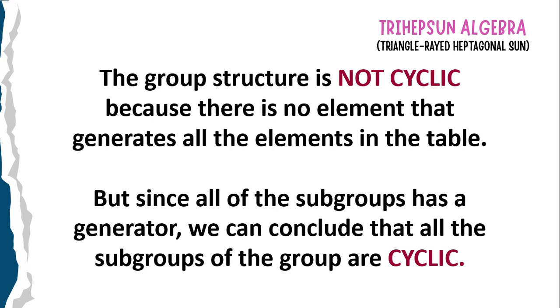Therefore, we can say that the group structure is not cyclic because there is no element that generates all the elements in the table. But since all the subgroups have a generator, we can conclude that all the subgroups of the group are cyclic.